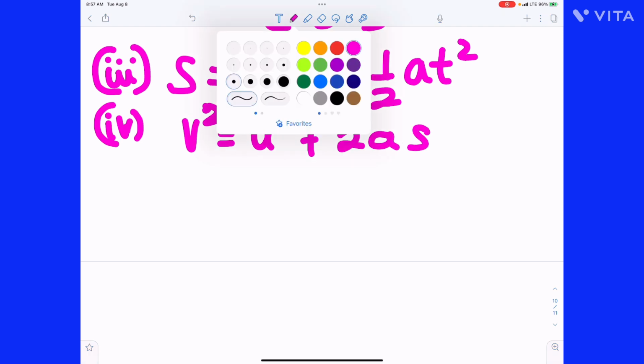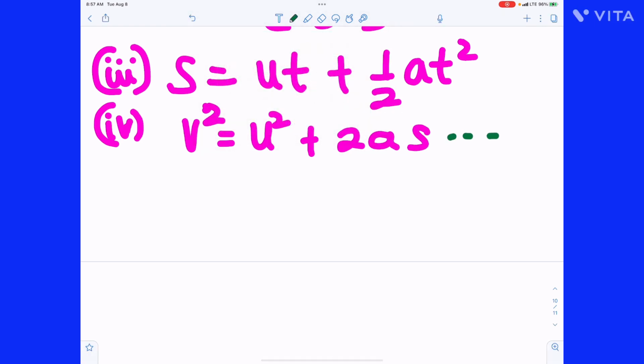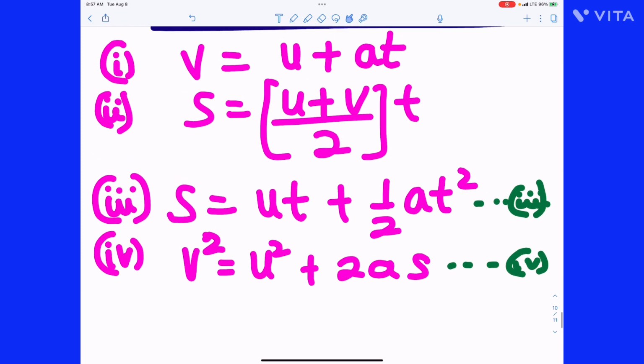These are my equations: 4, 3, 2, and equation 1. So those are my equations of linear motion.